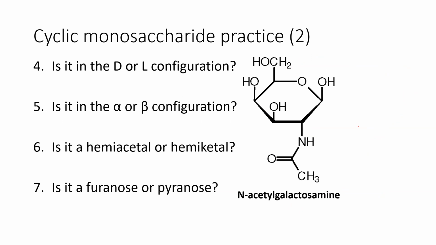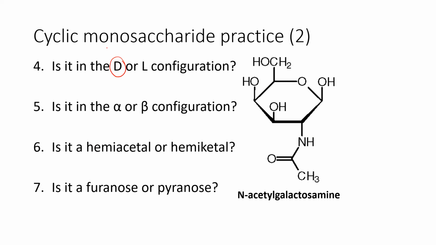Now we have some more questions about how we can classify it. So let's start with number 4. Is it in the D or the L configuration? Is it D? It is D, yeah. And how do you know that?